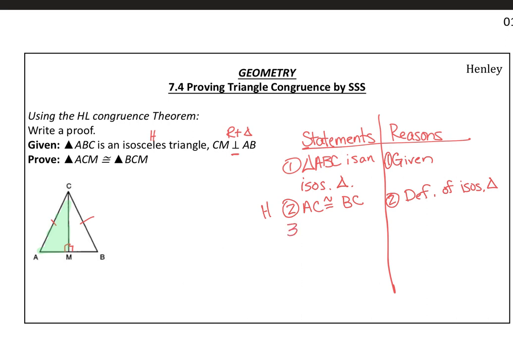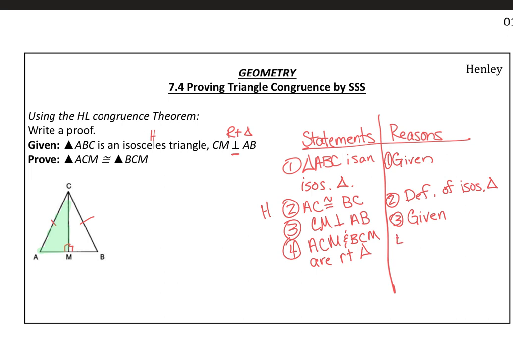Number 3, we can say that CM is perpendicular to AB, which is also given information. Now, when we write that, we can also state, because of that, that ACM and BCM are right triangles.